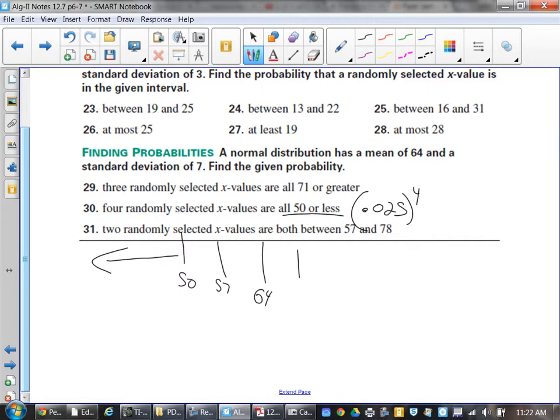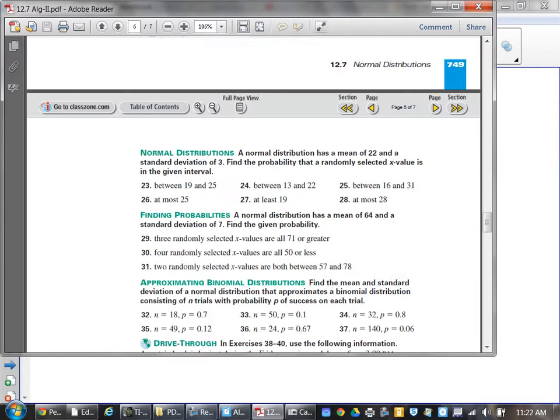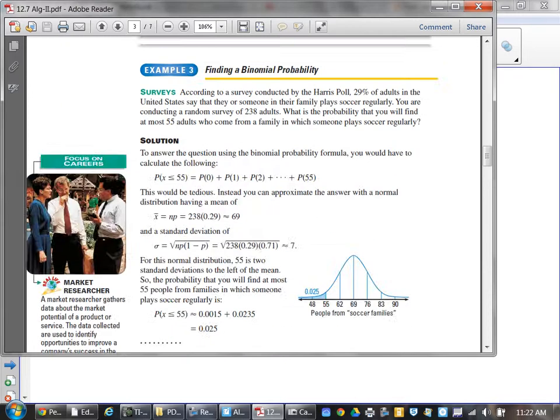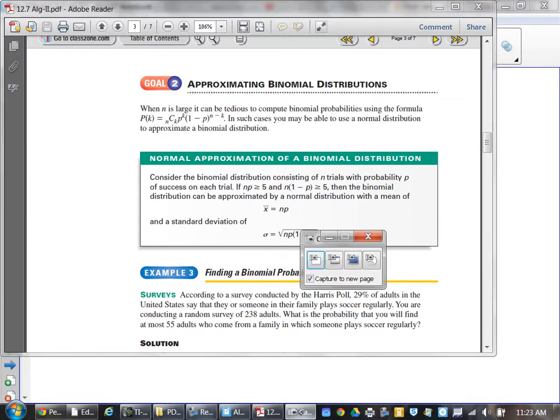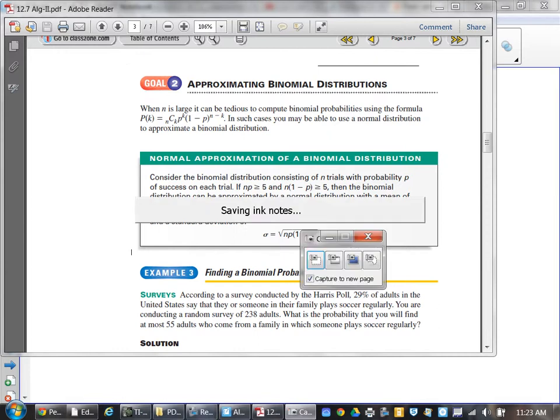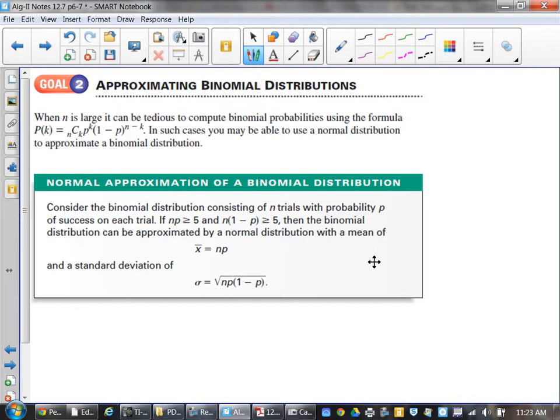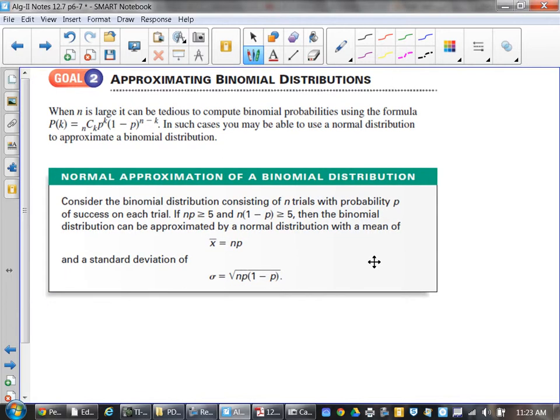So there's a couple of other bits in this section that we're going to add to what we did last night. The last little bit in here talks about the idea of norming data. And we've actually been doing this with our binomial distribution functions. When we were working with binomial distributions in the past couple of days, we were working with that binompdf and the binomcdf, and it was adding up all the cumulative stuff for us.